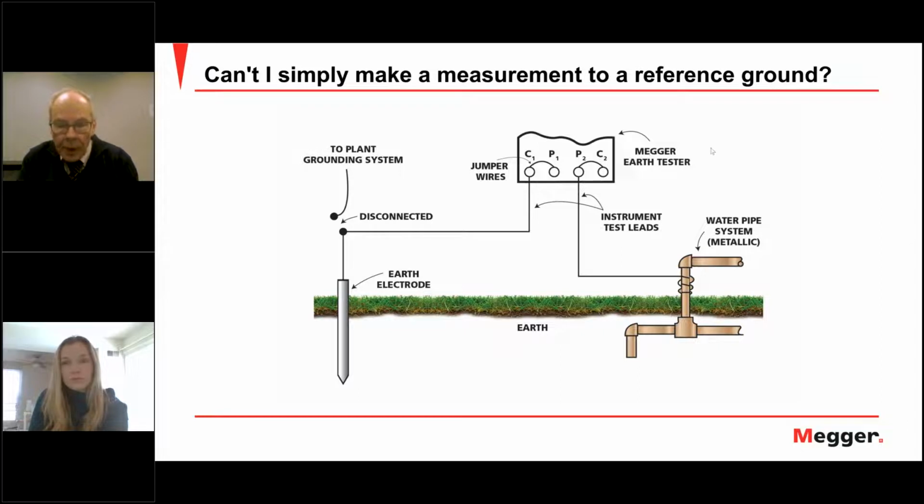And this is fundamentally what a 2-terminal test looks like. It is described in IEEE 81, and the limitations of it are listed there. If you're dealing with a third party, it would be a good idea to know what those limitations are so that you can discuss it in an informed manner, and the third party will accept your test result. So fundamentally, that's where you use your 2-terminal method, but don't use it unless no other alternative exists.